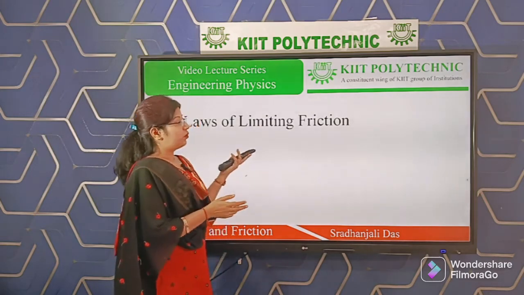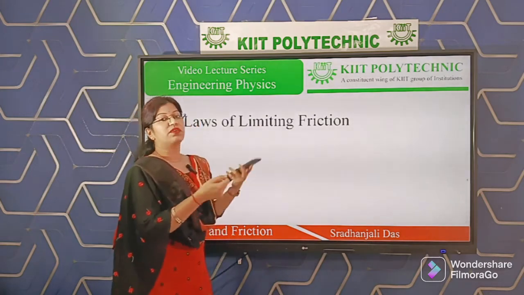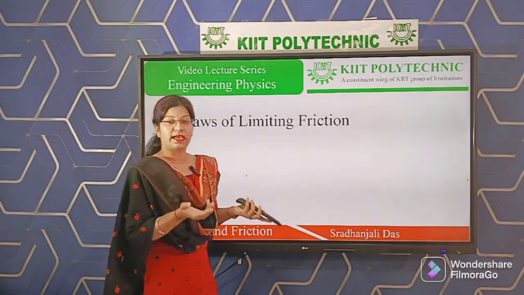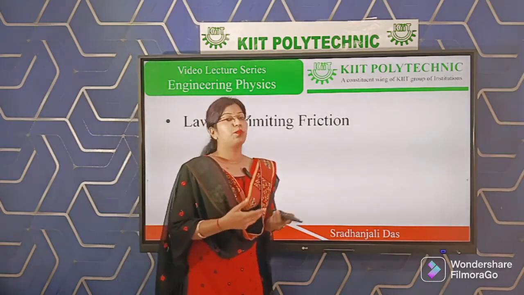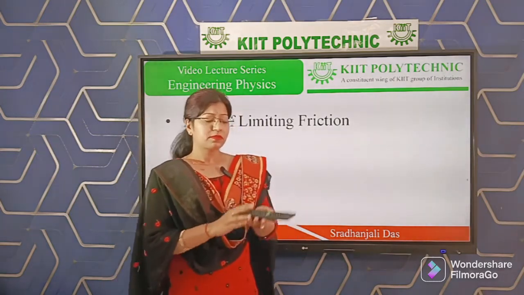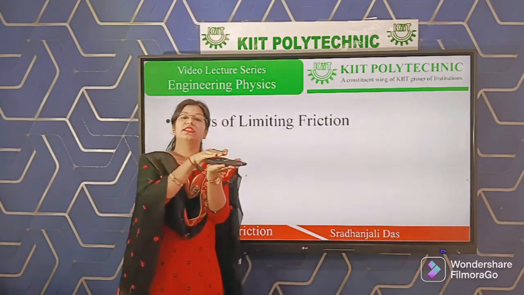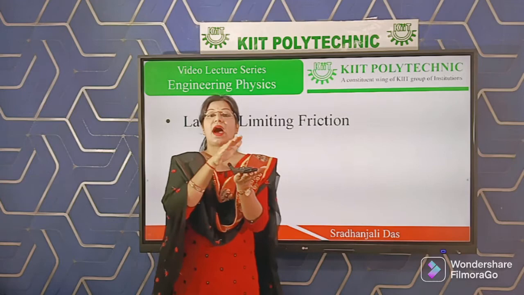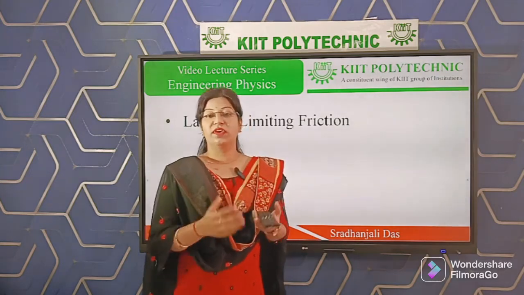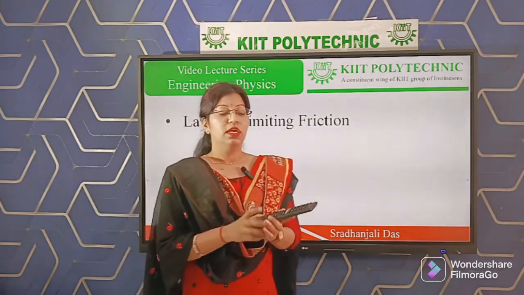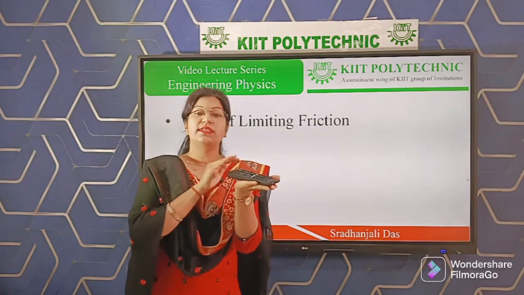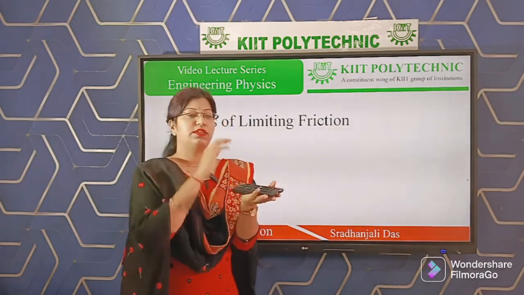From the very beginning, we know the applied force and the frictional force are in opposite directions. That's why it always opposes the motion of the body. And since one body moves over another surface, the force of friction always acts parallel to the given surface, which is the third point.